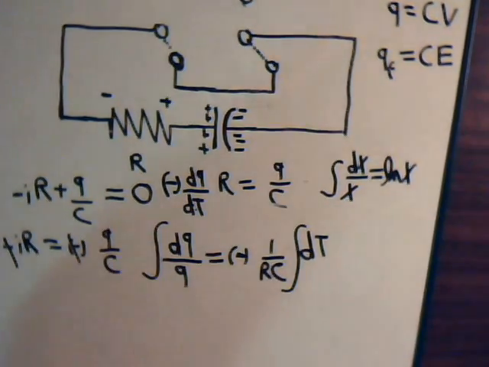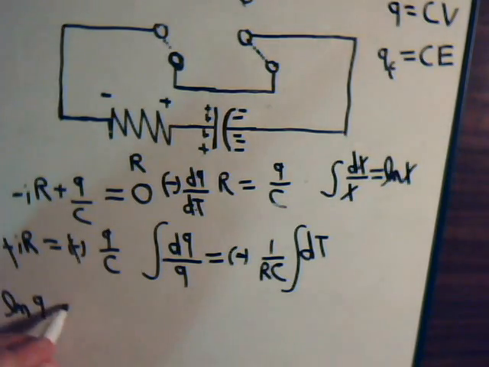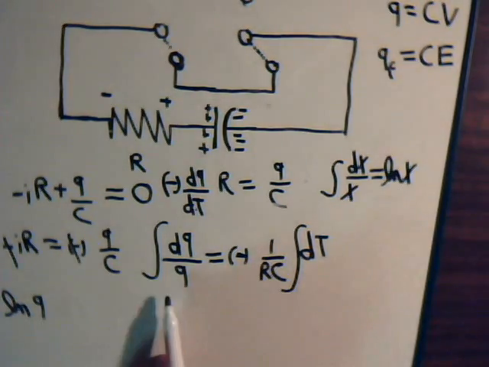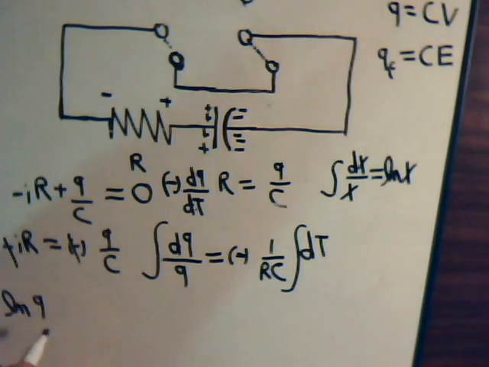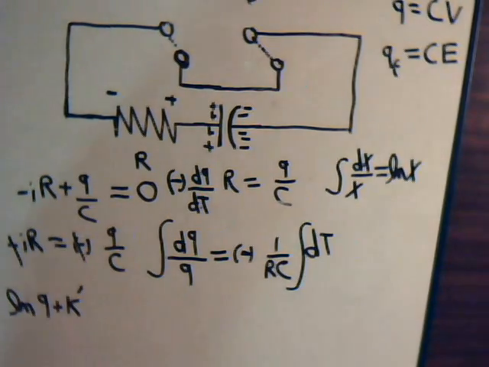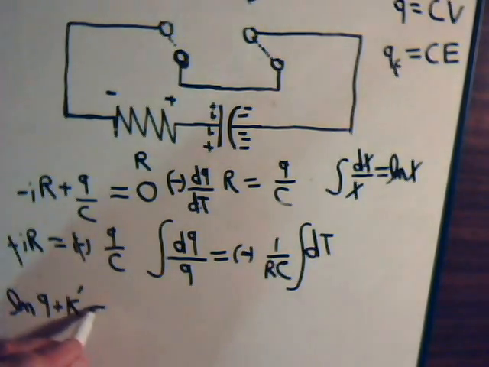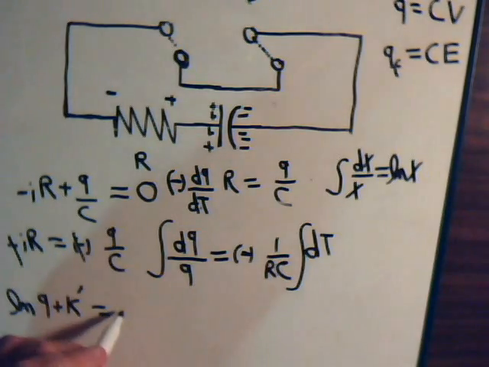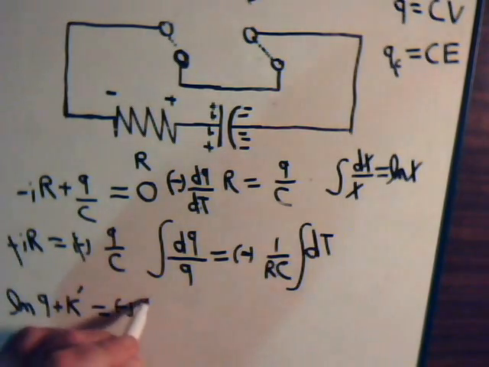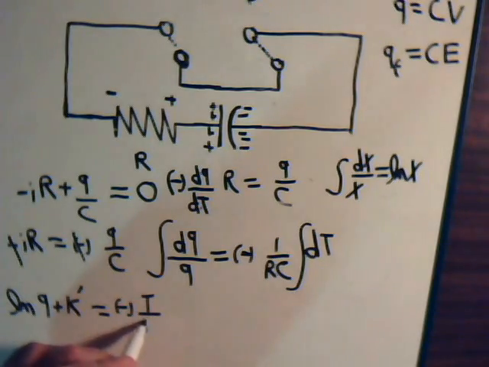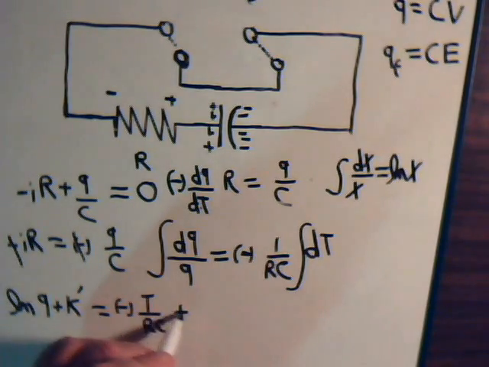The natural log of q equals minus, well, hold on, we're going to have this, but there's no limit, so we're also going to have an arbitrary constant of integration. And let's see, this will equal, that's just going to be t, so you have minus t divided by RC plus this 2.